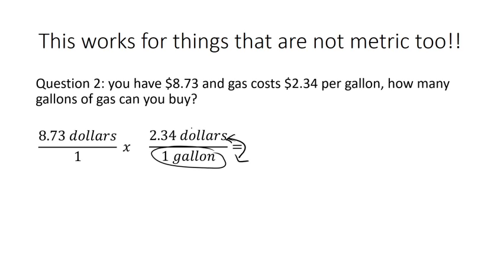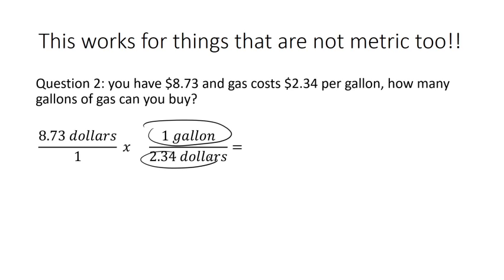So 1 has to stay with gallons, 2.34 has to stay with dollars, but you can flip them, because it's still 1 gallon for every $2.34. And now, dollars cancels out.